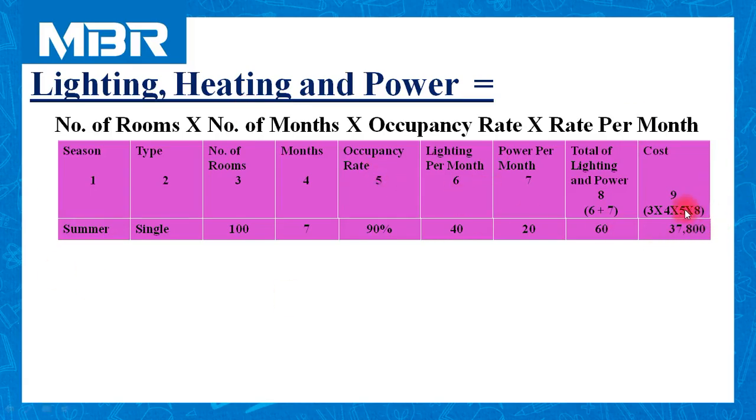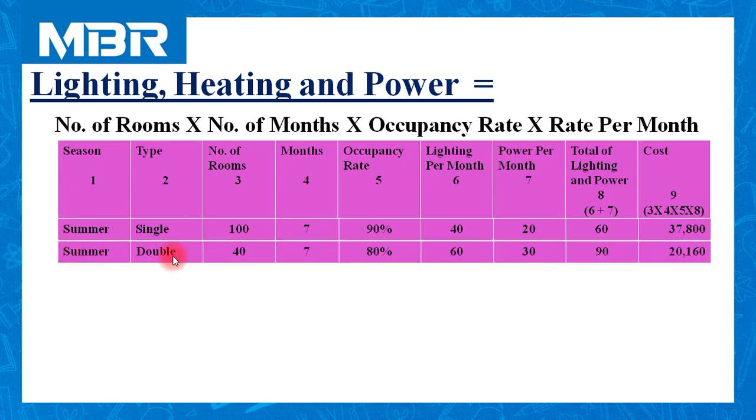But your ultimate answer remains same. The cost of lighting and power altogether for a single room during summer would be rupees 37,800. If you are clear for these kind of calculation, completion of this table is nothing more than a formality.